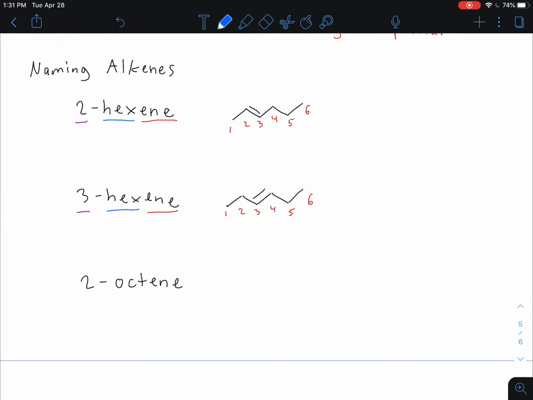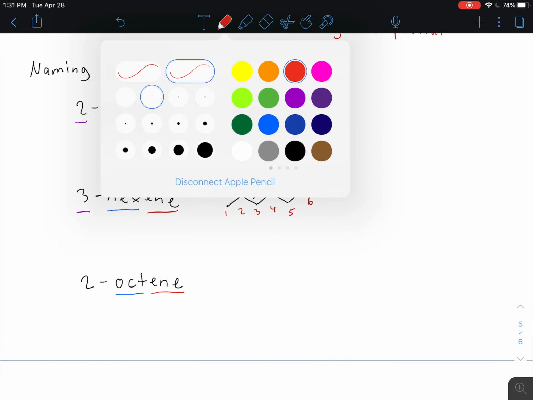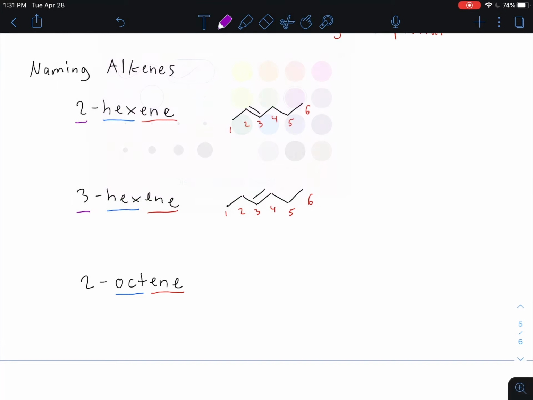So 2-octene, you can kind of follow the same pattern as before. We know that oct means 8 carbons, ene means there's a double bond, and now 2 is telling me the location of the double bond. So now we can draw 8 in a row. 1, 2, 3, 4, 5, 6, 7, 8.